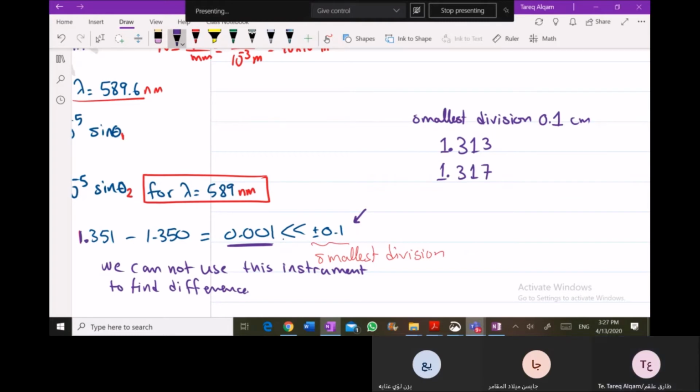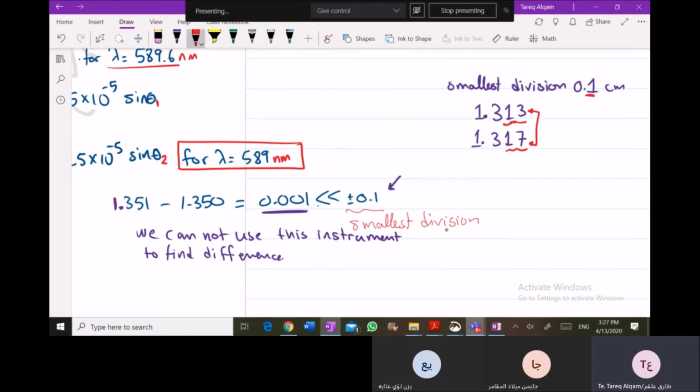What do you think? No, definitely. Why? Because I can't measure them using the ruler. I'll be able to measure only the first decimal place, so this change cannot be noticed or observed. If the difference is less than the smallest division, the difference cannot be noticed. Okay?